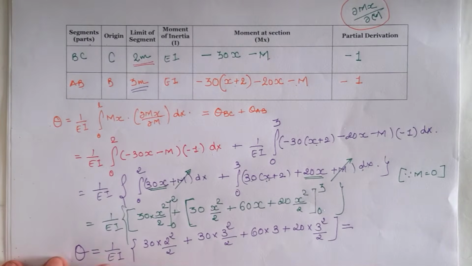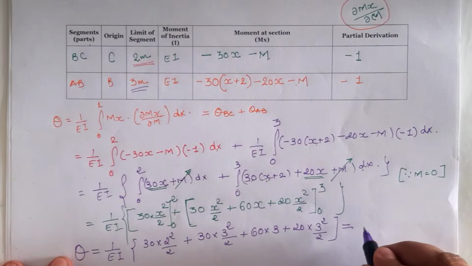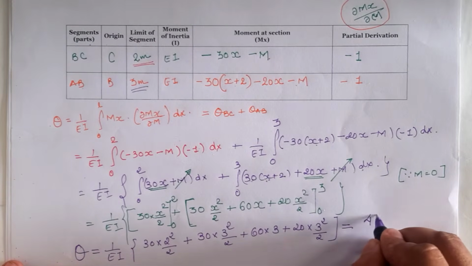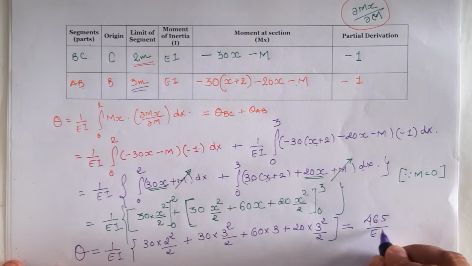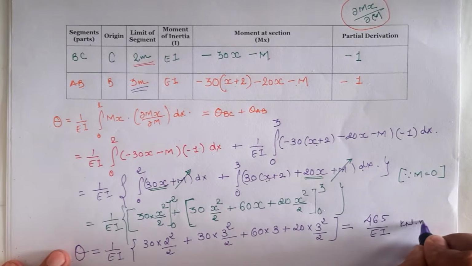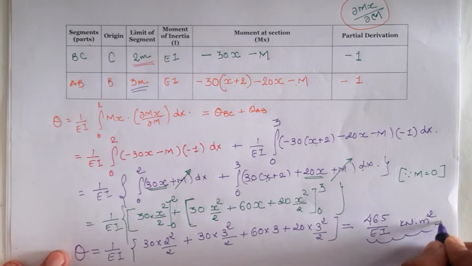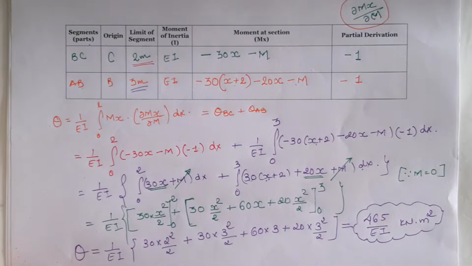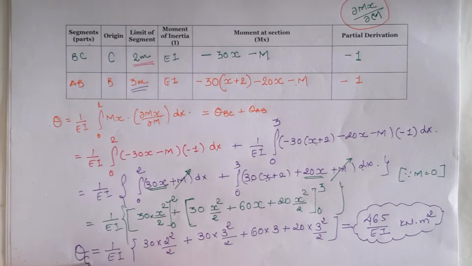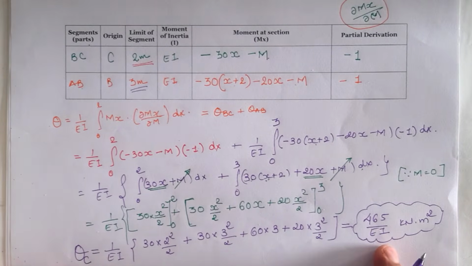Using this solution, we have theta equal to 465 by EI in terms of kilonewton meter square. So using Castigliano's theorem, we can find the rotation at location C, or the free end, as 465 by EI.